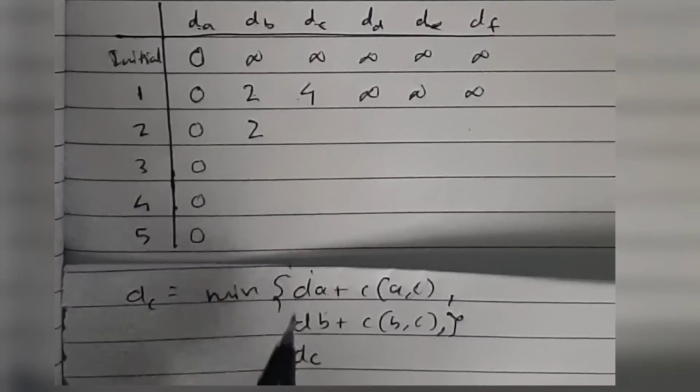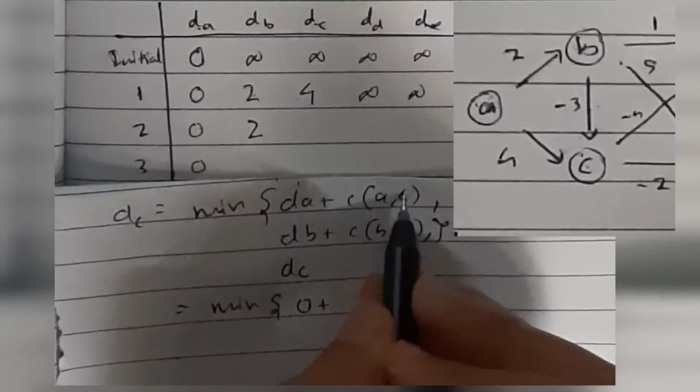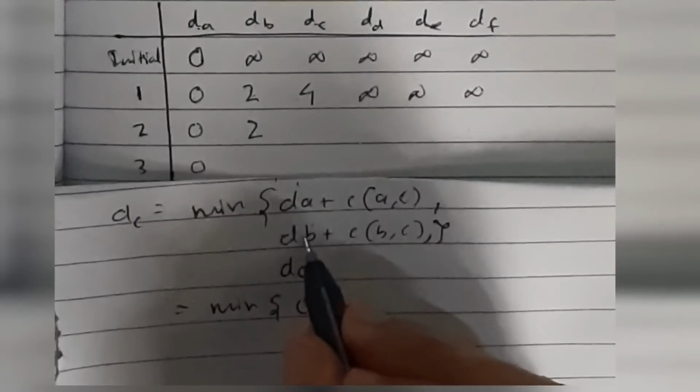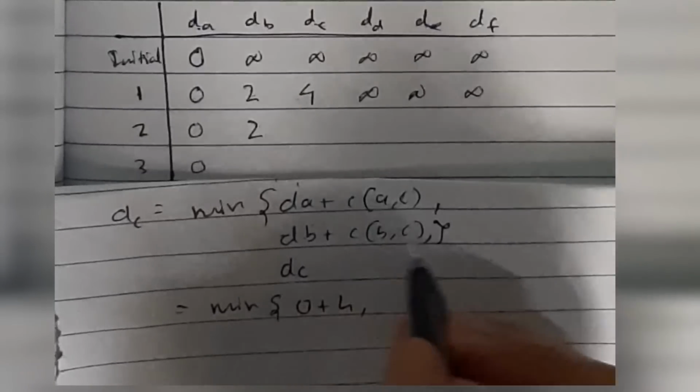Okay, now filling in the first one, minimum of dA. What is dA? Look, we are doing for this row, look at the previous value of dA, it is 0. Right here 0 plus cost of A to C. What is cost of A to C? It is 4, comma dB plus cost of B to C. dB, what is the previous value of dB?